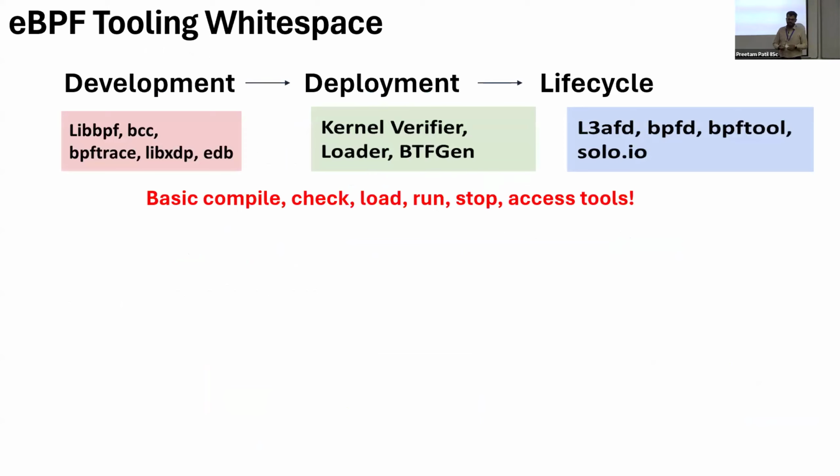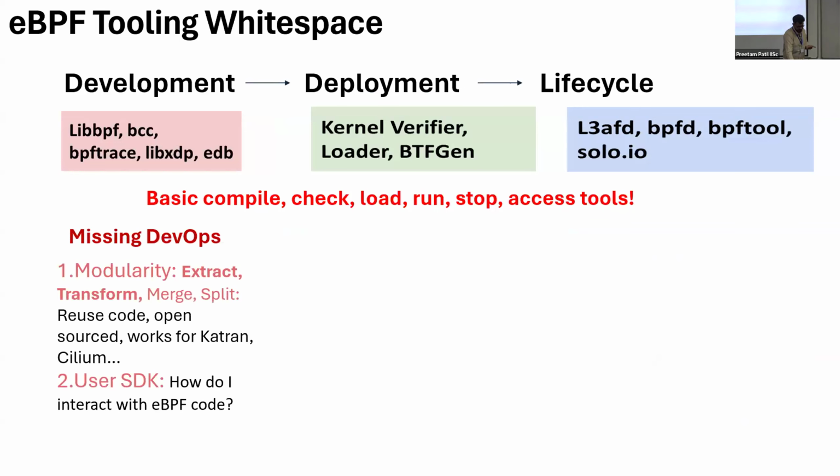So the problem in this space that we need to look at is, eBPF tooling right now: you have tooling for development like libbpf, BCC, bpftrace. You have tooling for deployment like the kernel verifier, the loader, BTFGen, and finally you have tooling to maintain lifecycle, software like Lea, Solo, bpfd, and bpftool, which provide basic compile, check, load, run, and stop.